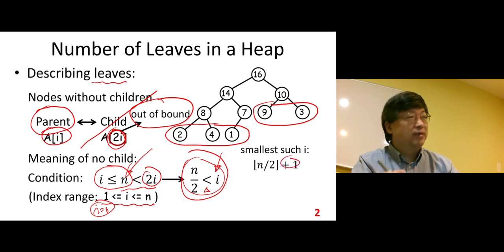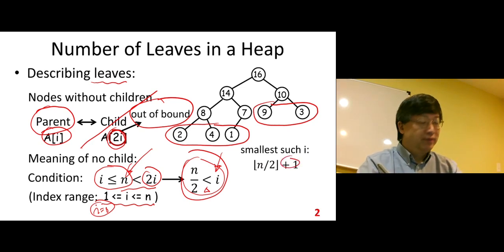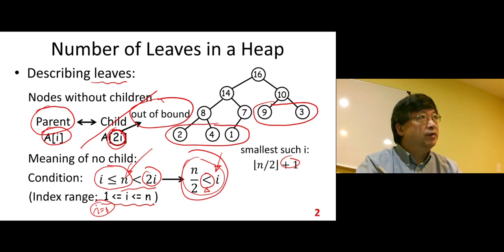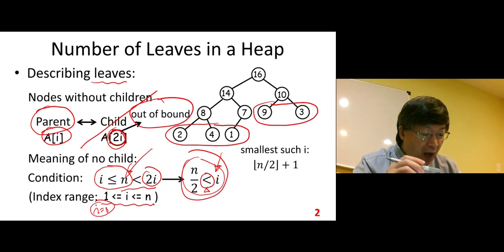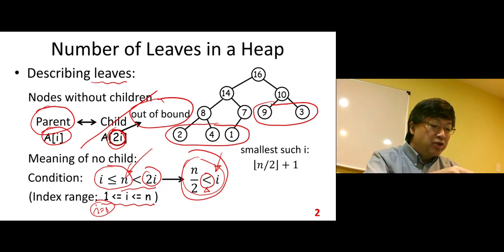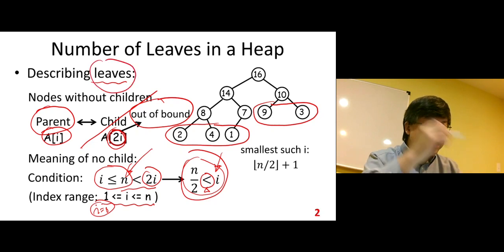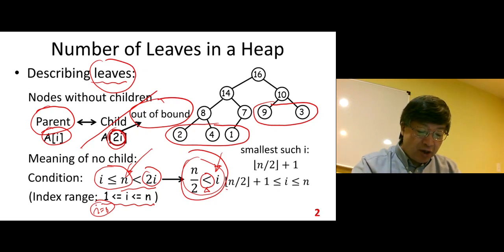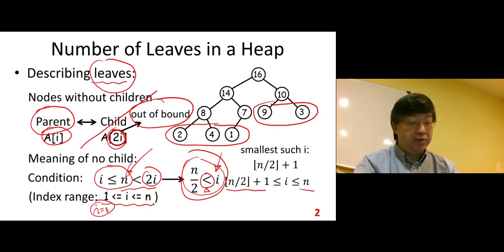Remember, i should be strictly greater than n over 2, so that's why we use this plus 1. Now we can clearly represent the range of those i's that correspond to leaves: the smallest possible and the largest possible.